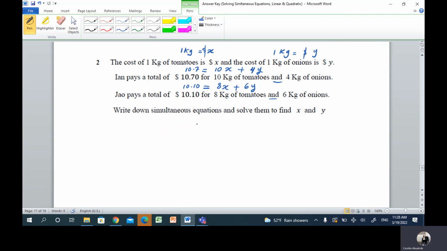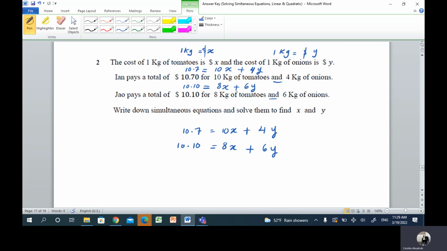I will write them here once again. So it's 10.7 is equal to 10x plus 4y, and 10.10 is equal to 8x plus 6y.